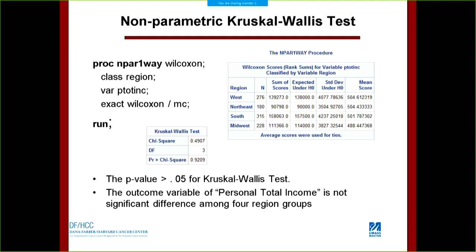The non-parametric version of the one-way ANOVA is the Wilcoxon test here. The test variable is still personal total income, and the class variable is region.